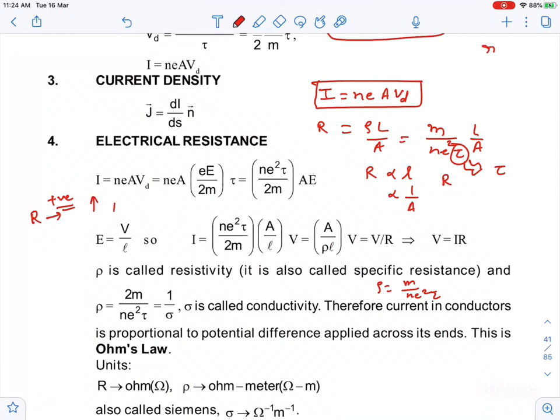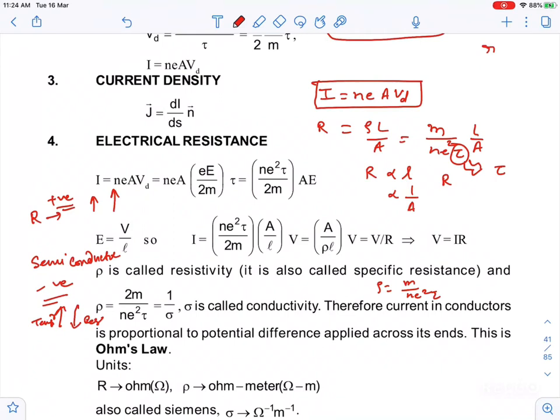A conductor has a positive temperature coefficient of resistance, meaning if temperature increases, the resistance of the conductor increases. You should keep this in mind, that is most important. A semiconductor has a negative temperature coefficient of resistance. That means if temperature is increasing, resistance is decreasing.